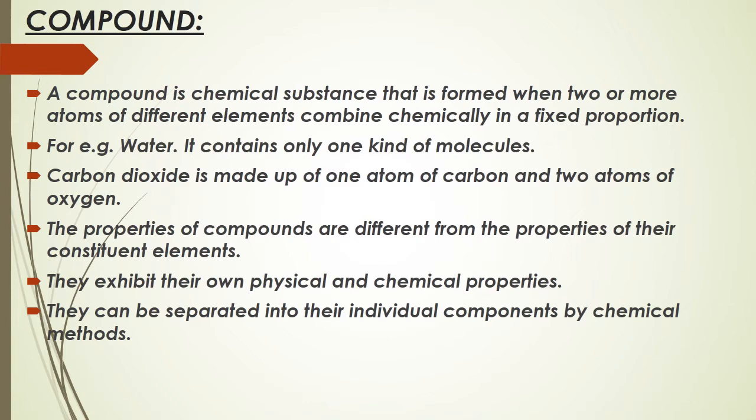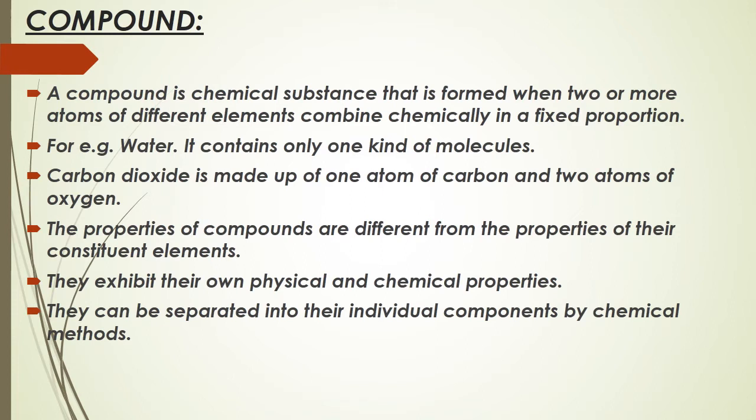Now, the properties of compounds are always different from the properties of their constituent elements. They have their own properties that are different from the constituent elements. The constituent elements for carbon dioxide are carbon and oxygen.